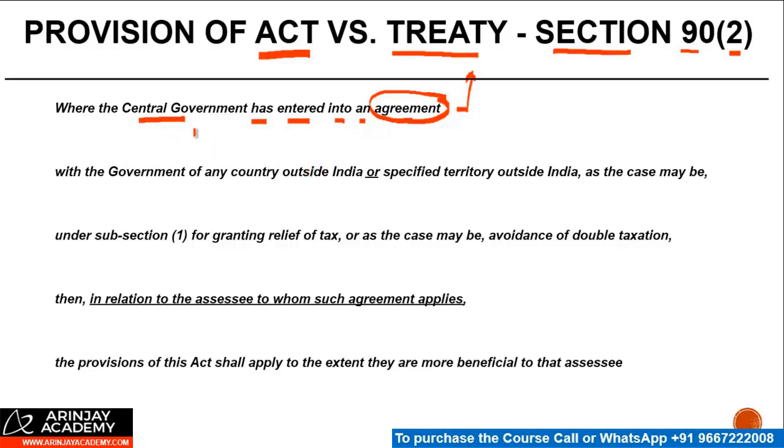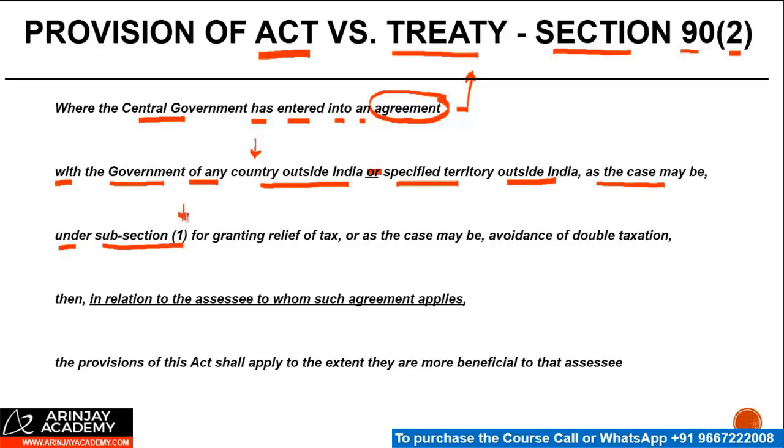Where the Indian government has entered into a treaty with the government of any country outside India, let's say whether it be the US, Mauritius or any other country's government, or specified territory outside India, as the case may be, under subsection 1.